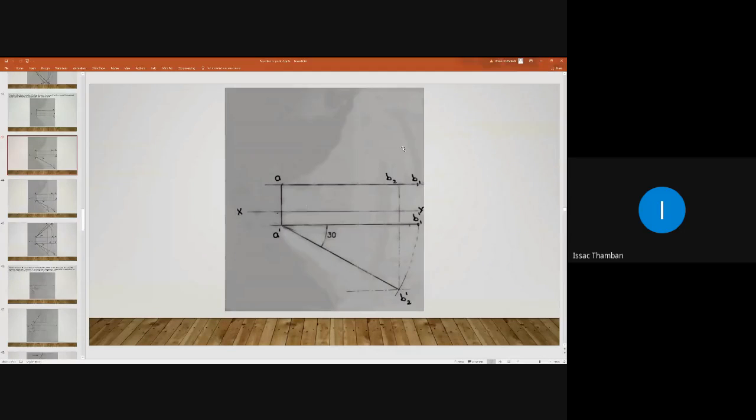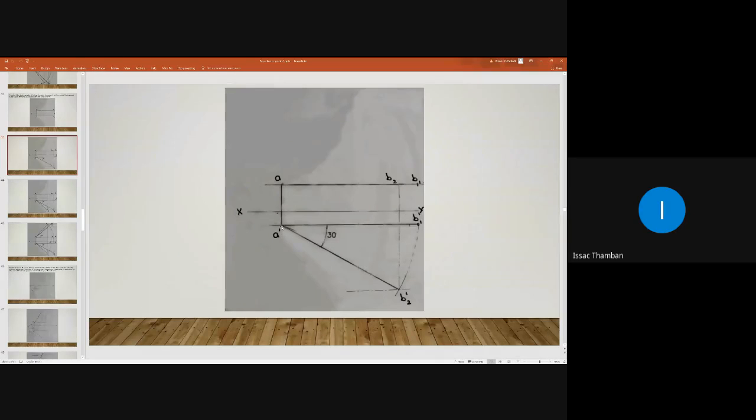Can you draw the 30-degree line in the opposite direction, say from here to somewhere around here? What is the reason for that? Parallel to VP. No. Third quadrant line. That is the reason.